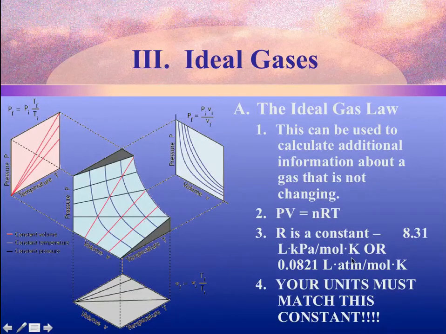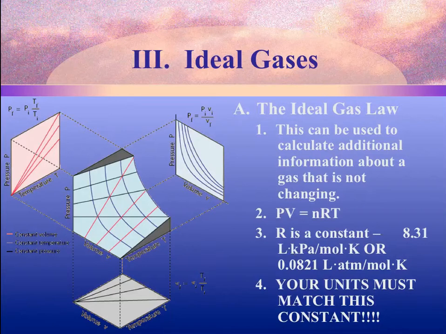In this, we use the gas constant, which is our proportionality constant or slope with those other relationships, which is 8.31 liters kilopascals per mole Kelvin. So if you use kilopascals, it's 8.31. If you use atmospheres, then you have to use 0.0821 because of the difference in units.